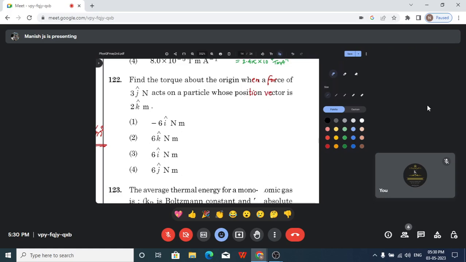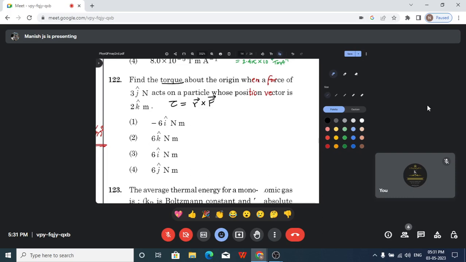Everything is given in vector notation. They have asked for torque. What is the formula for torque? You know that torque tau is a cross product of position vector and force vector. So r bar cross f bar. This is the torque relationship, a vectorial formula.